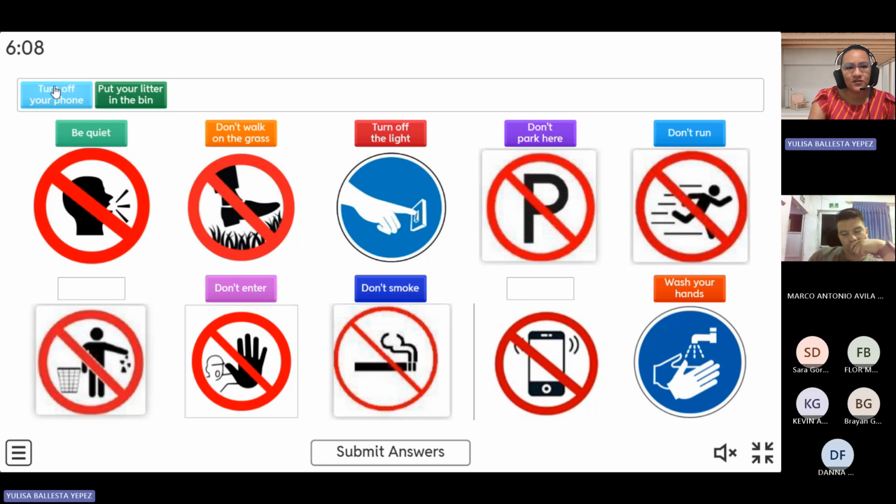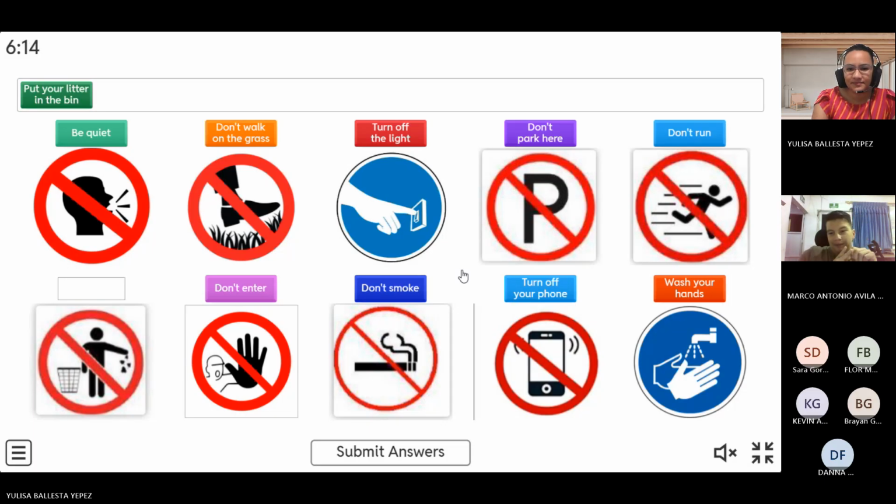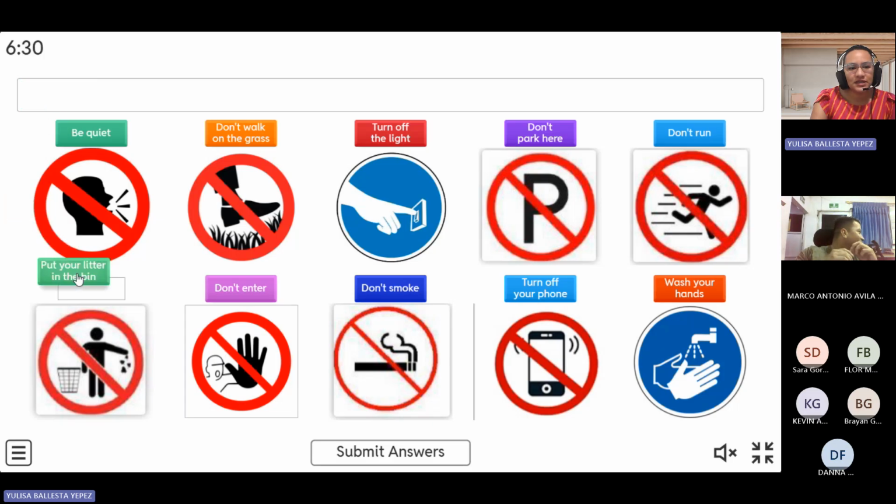Yes, turn off your phone. In which places do you see this advice? Airplane. Airplane, very good.